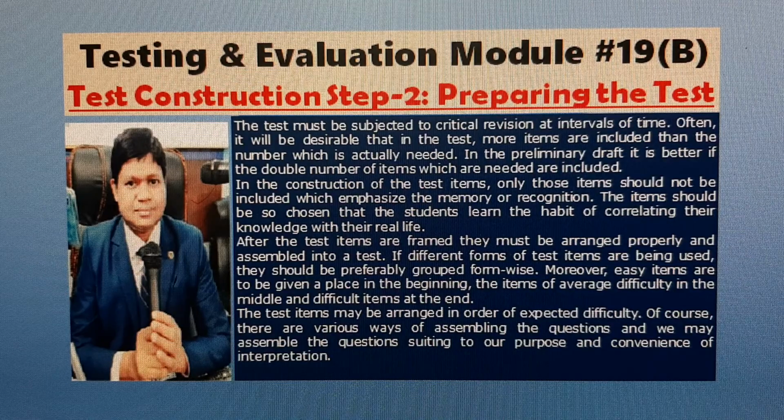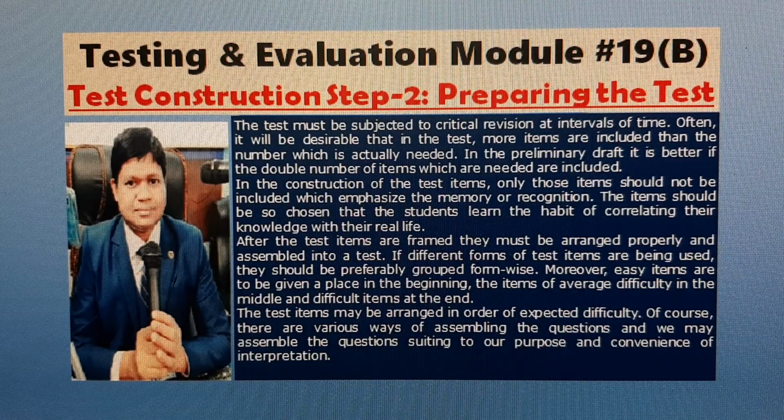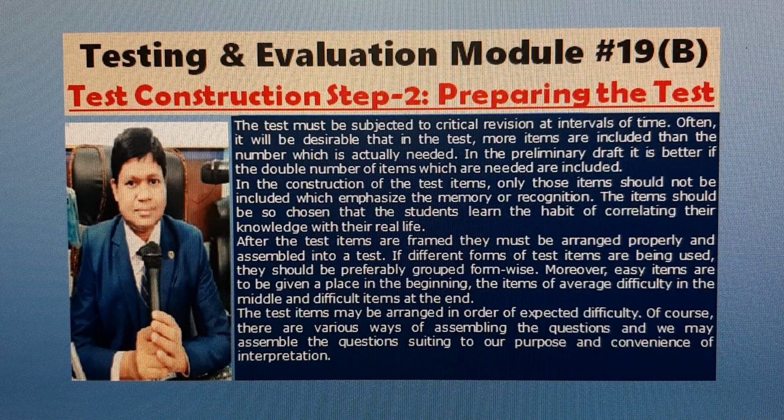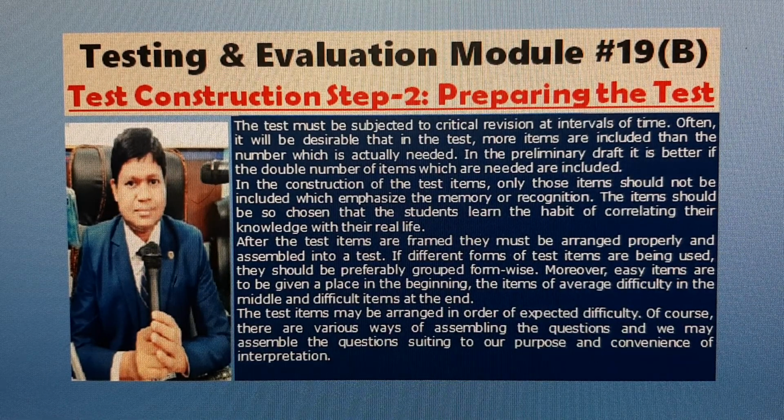In the preliminary draft, it is better if double the number of items needed are included. In the construction of test items, not only those items which emphasize memory or recognition should be included. The items should also be chosen so that the students learn the habit of correlating their knowledge with real life.